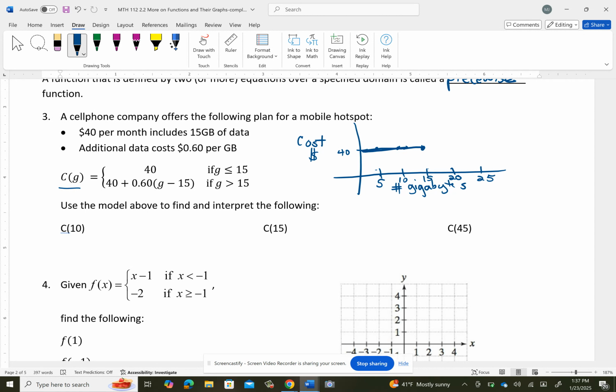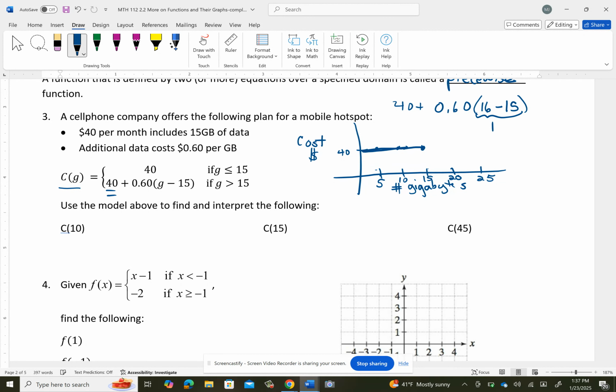And then more than that, if I want 16, then I'm going to have to pay 40 plus a little extra. If I wanted 16 gigabytes of data, I'd pay the 40, and then I'd have to pay 60 cents times 16 minus 15.